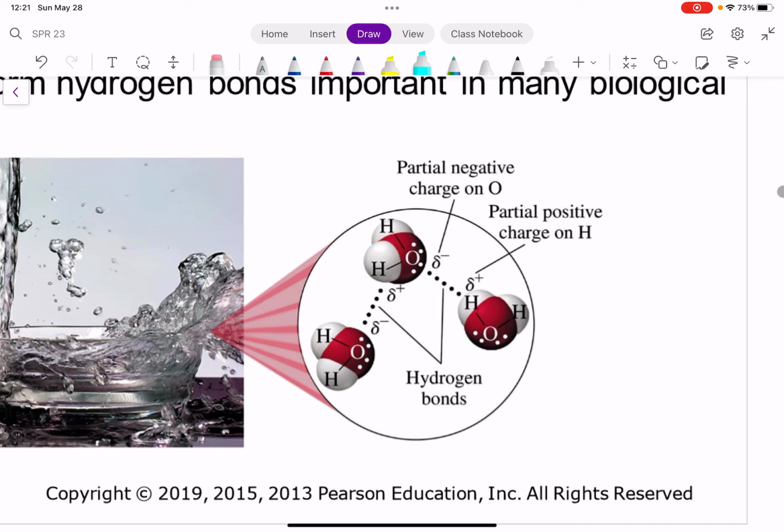If we have one partial negative on one water molecule, it's going to be attracted to the partial positive on another water molecule in a different area, and they'll orient themselves because that difference in charge is creating an attractive force.